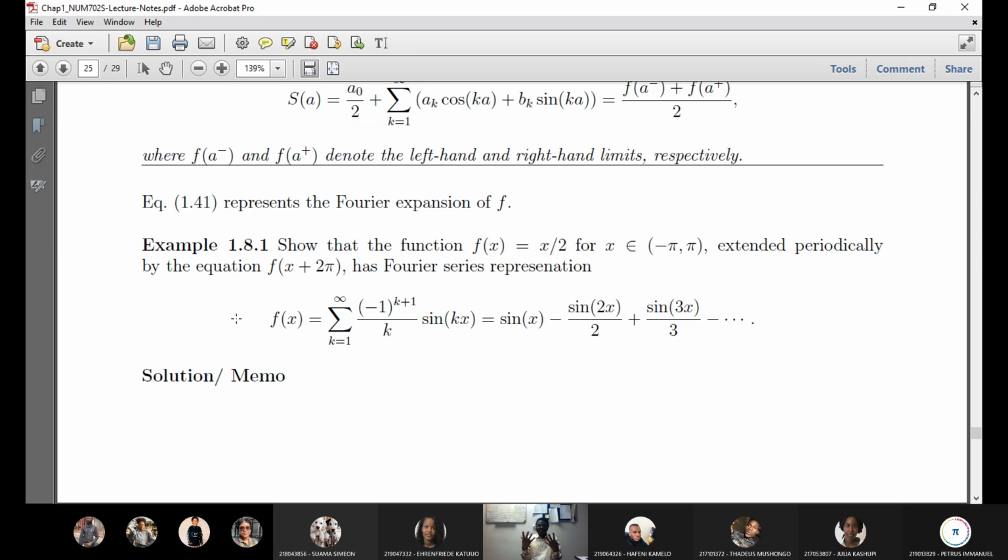Now, because the functions we are dealing with are periodic, we extend that definition, which is defined over the interval negative pi to pi, all over the real line by translating to the right and to the left to obtain a periodic function, because our function f has to be periodic. So that's what is happening here.